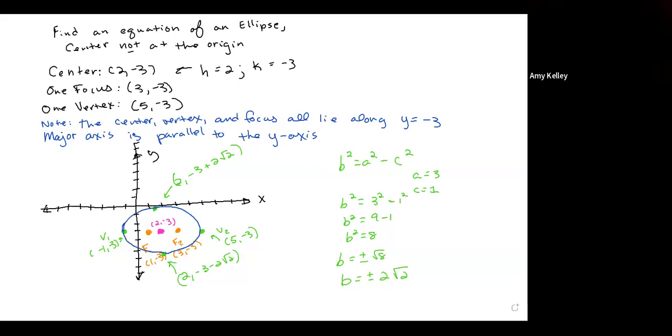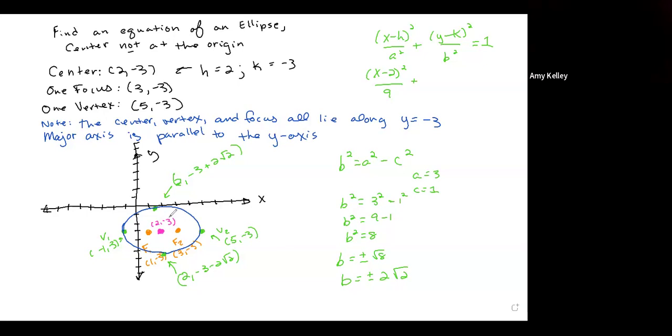Right, and we also have enough to write the equation. So this particular equation has the form x minus h squared over a squared plus y minus k squared over b squared equals 1, since the major axis is parallel to the x-axis. That means our equation is x minus 2 squared over a squared, which is 9, plus y minus k.